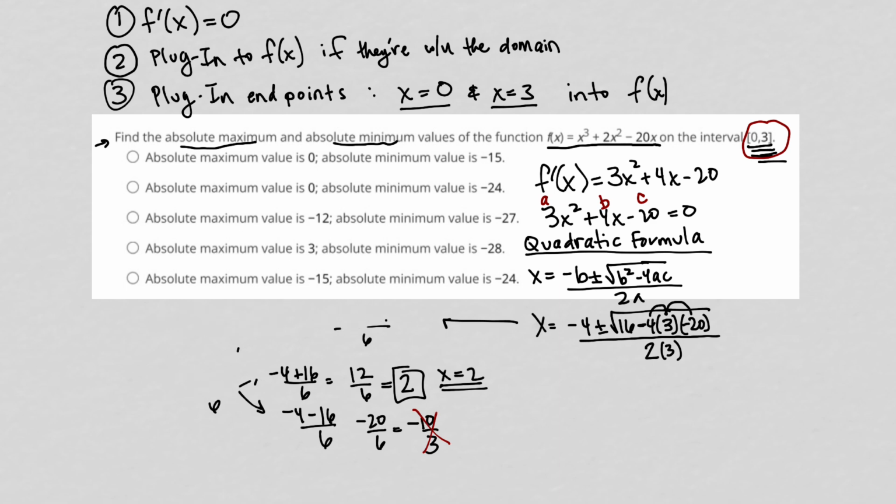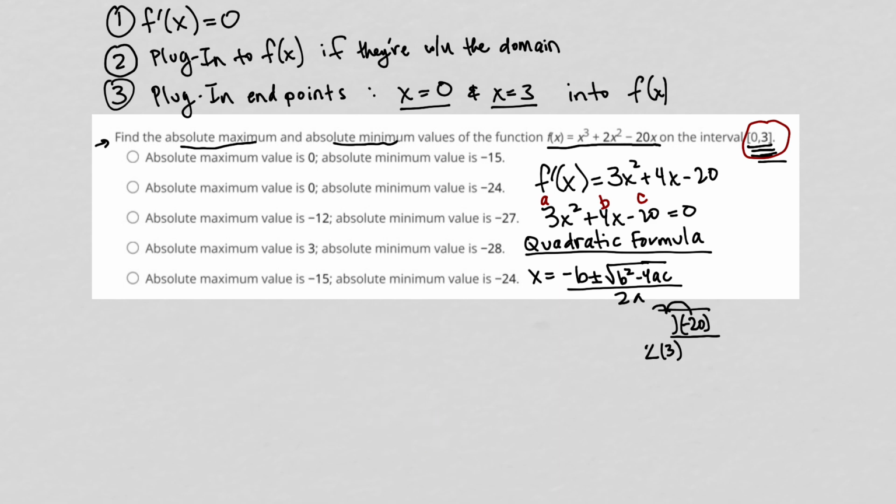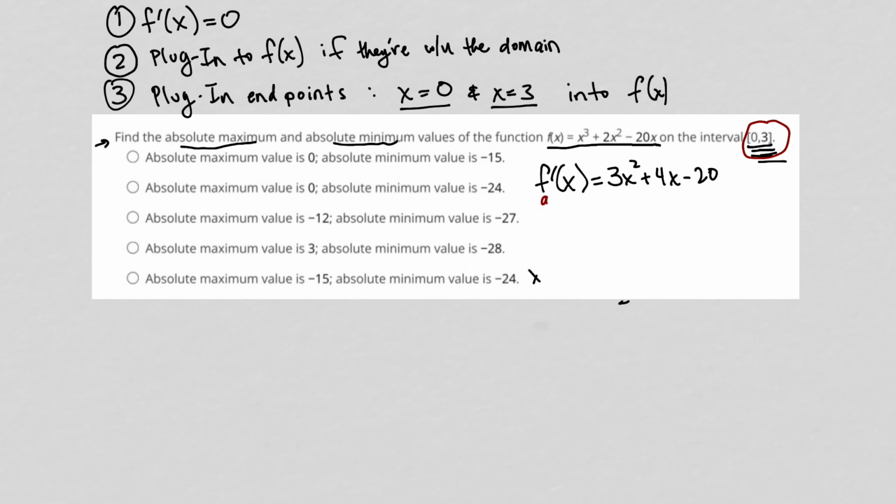So let's erase all this, which represents my first step, and jump into the second step. Again, I'm looking for maximums and minimums. For f of x, at x equals 0, this becomes 0, this becomes 0, this becomes 0. So f of x is equal to 0. We'll see if that ends up being a minimum or maximum or not.